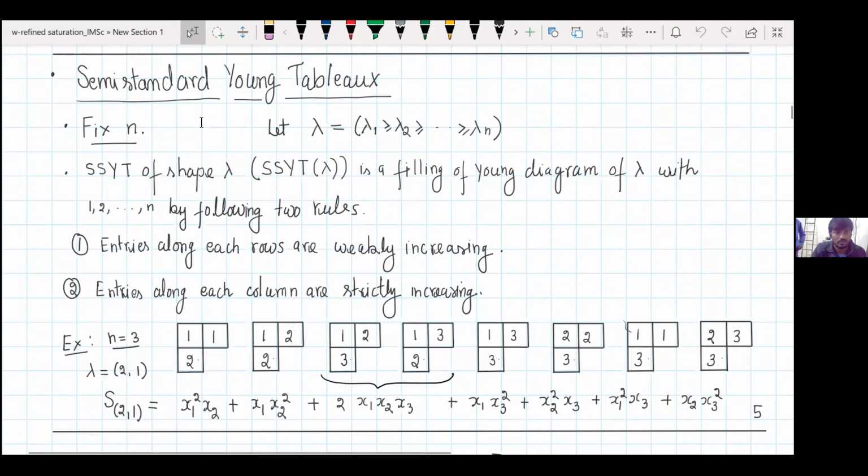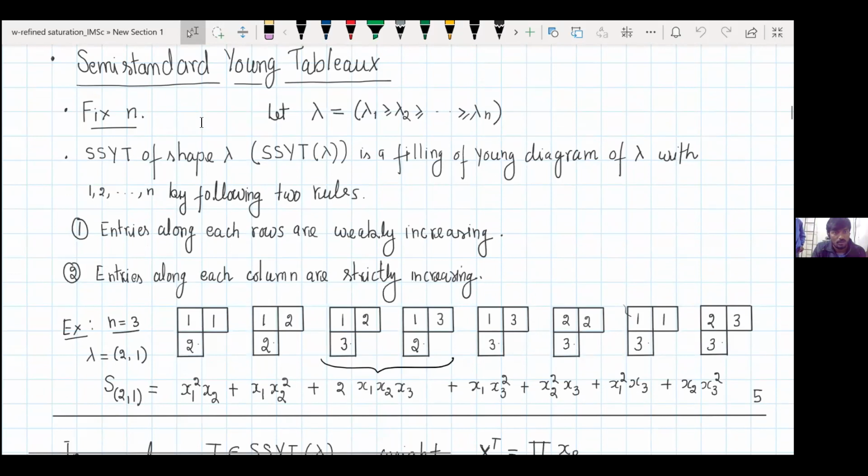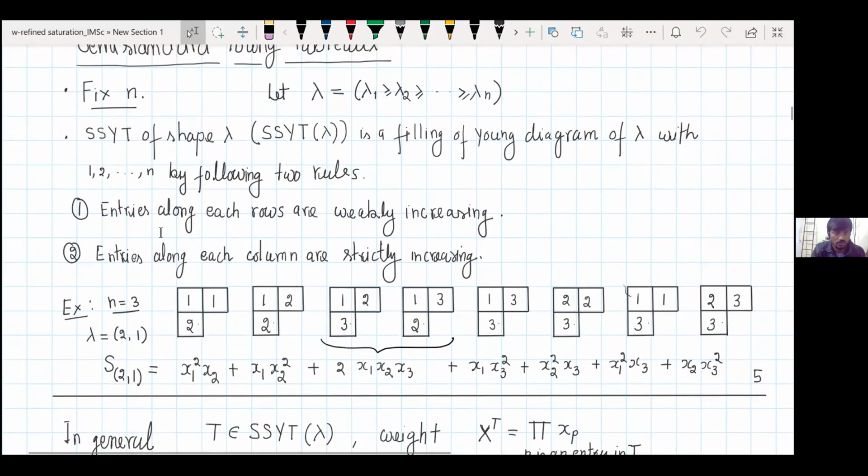so let's talk about semi-standard Young tableaux. For a fixed n and partition lambda, a semi-standard Young tableau is a filling of the Young diagram of shape lambda by two rules. What are the rules? First, entries along each row are weakly increasing, and entries along each column are strictly increasing.